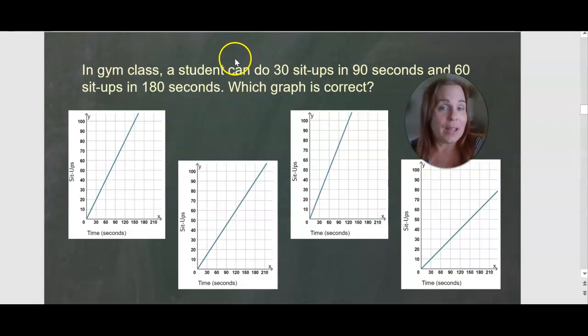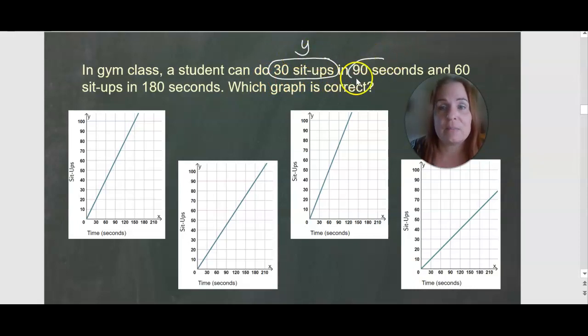The length of time seems to depend on, well, does it depend on how many sit-ups? I think it might be the other way around, right? The number of sit-ups you can do depends on how much time you have. So the sit-ups will be our dependent variable, and the time will be our independent, right?